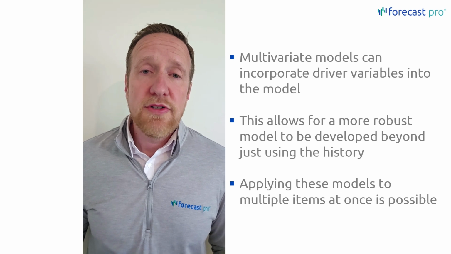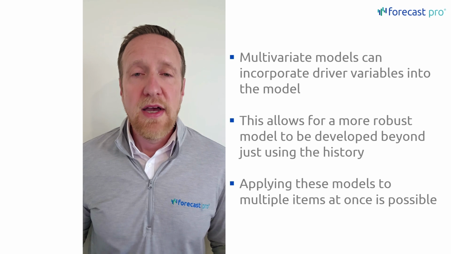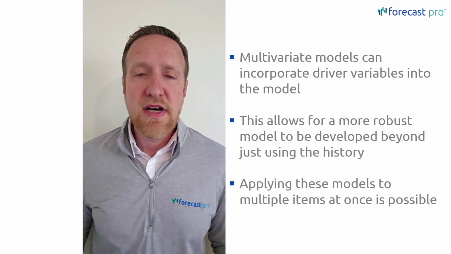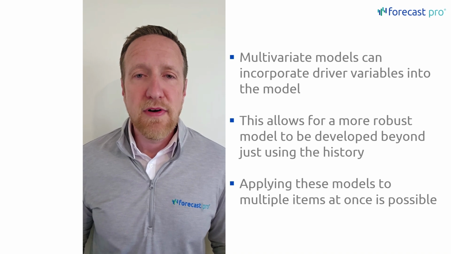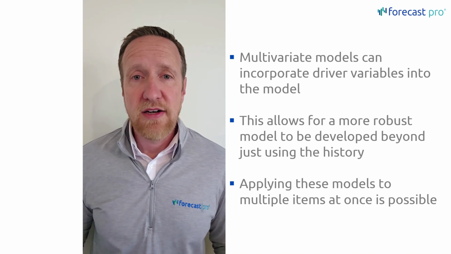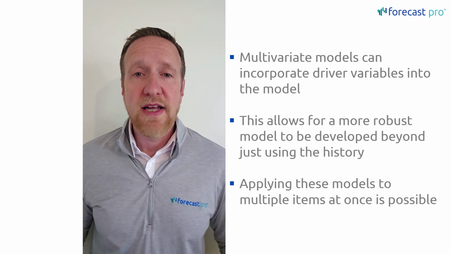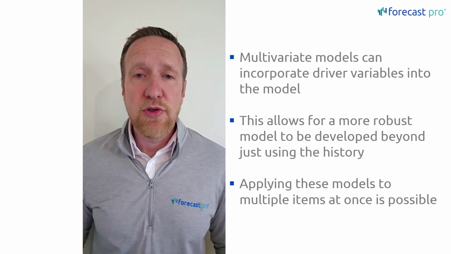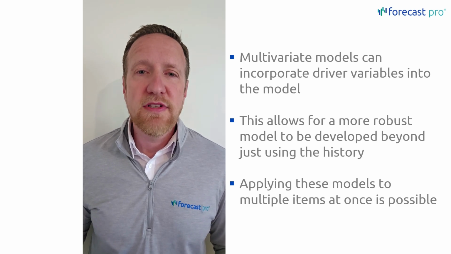And while they do require some hands-on work from you as the user to make them work, what we hopefully showed is that there's a lot of automation that can go into this, allowing you to apply multivariate models across your product hierarchy, not just on a one-off basis. This makes them much more useful at scale, and they allow you to build more complex and accurate models if you have these outside drivers that you want to try to take advantage of.